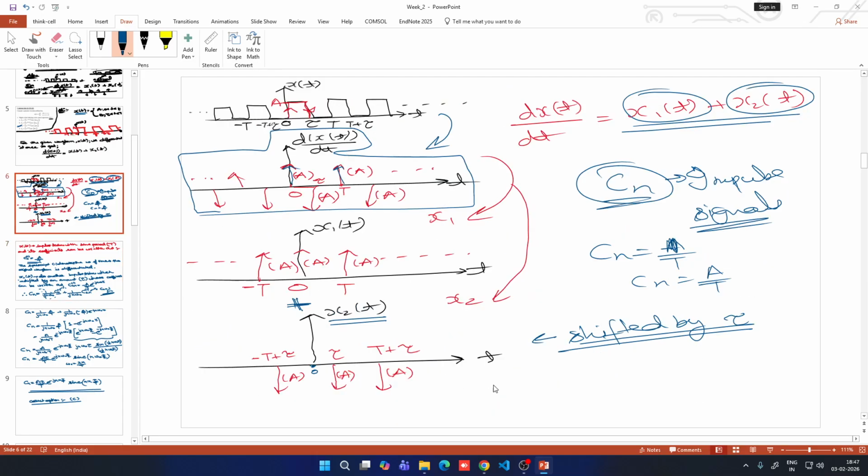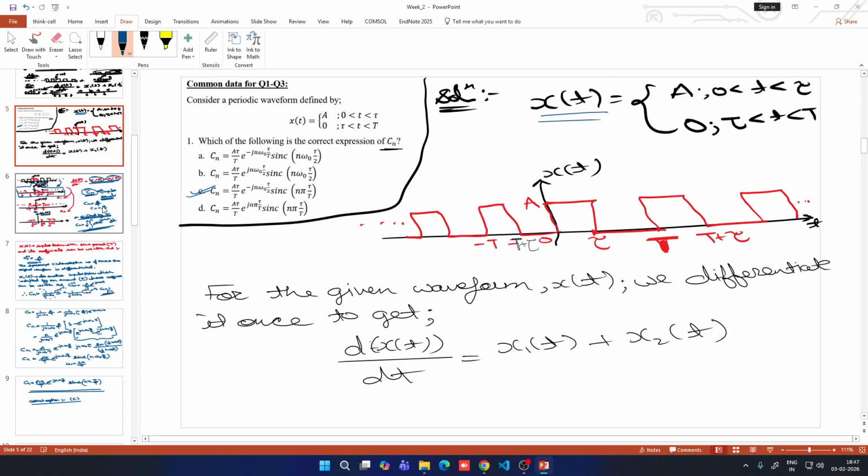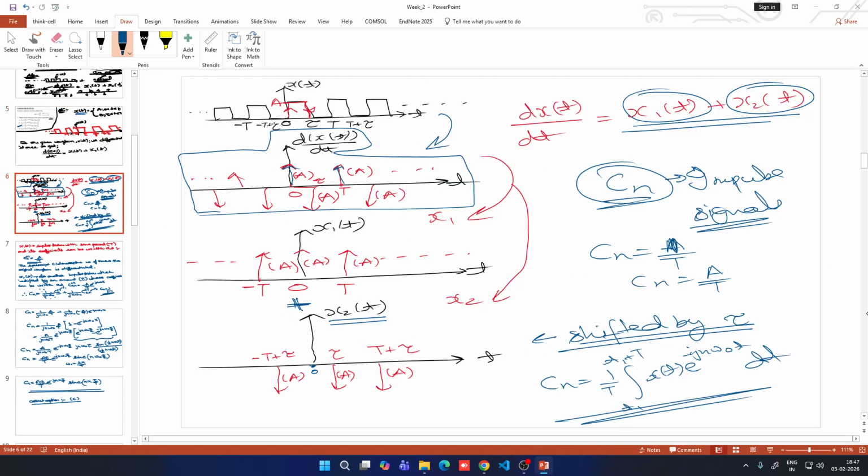Instead of directly finding the Fourier coefficient, where we would have to solve the equation 1 by T integral from t1 to t1 plus T of x of t e to the power minus jn omega naught t dt. Since this is a rectangular pulse train, we can easily solve this part also, it's not difficult.